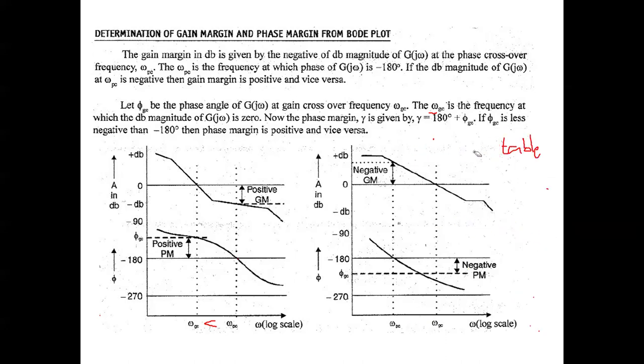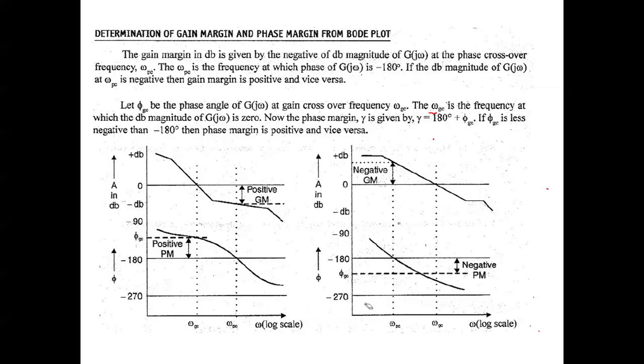Is it always necessary to have less than or greater than? What about equal? If omega GC value is exactly equal to omega PC, what does it mean? Is it positive or negative gain margin, positive or negative phase margin? Whenever omega GC equals omega PC, the gain margin is zero and the phase margin is also zero.